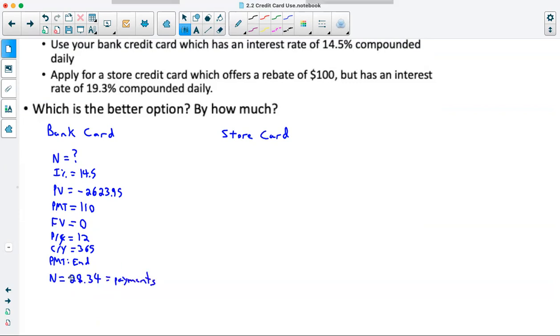If we want to know the total amount it costs, we can take that and multiply it by our payment amount. So we've got 110, which is our payment amount, times 28.34. If we use our bank card, it's going to cost us $3,117.40.